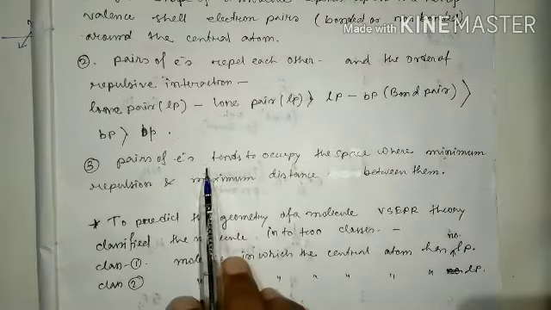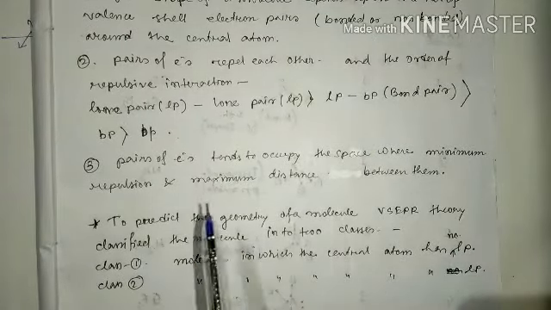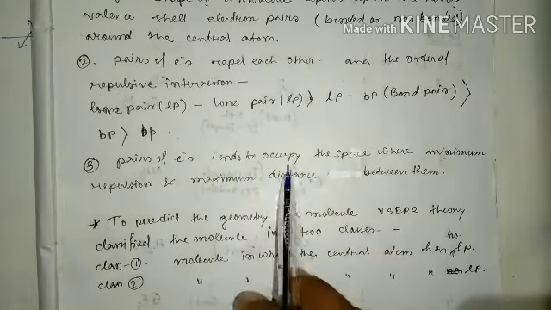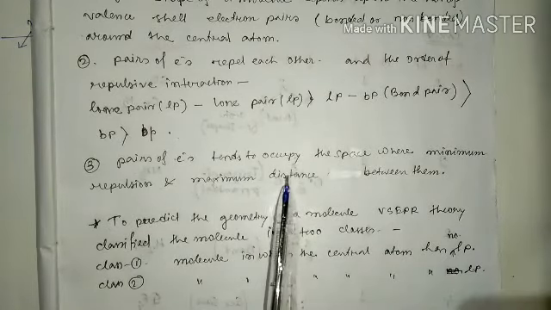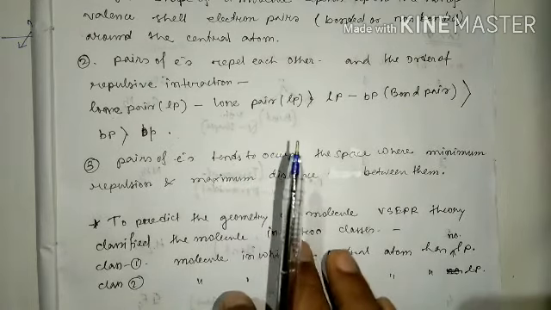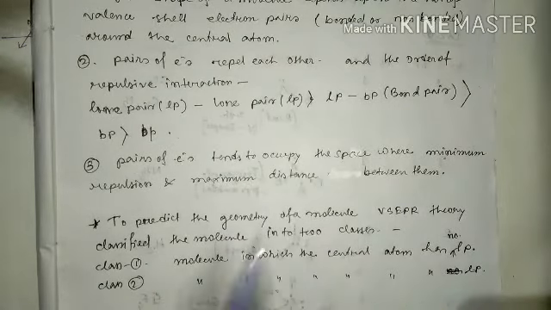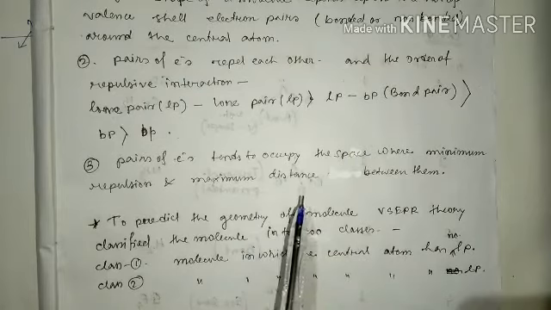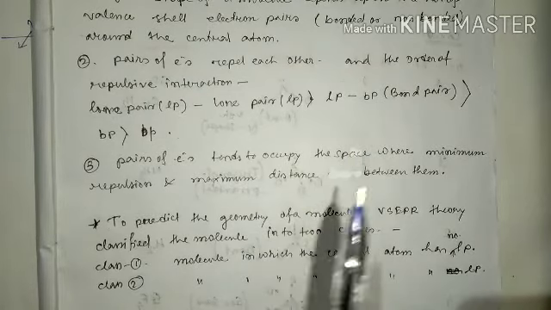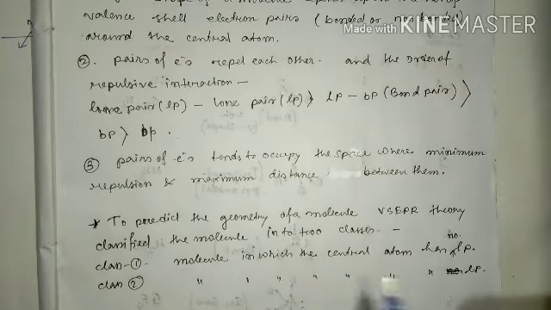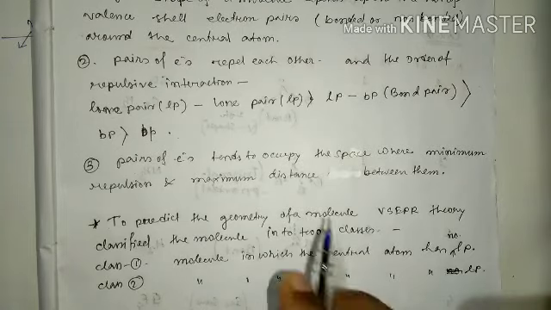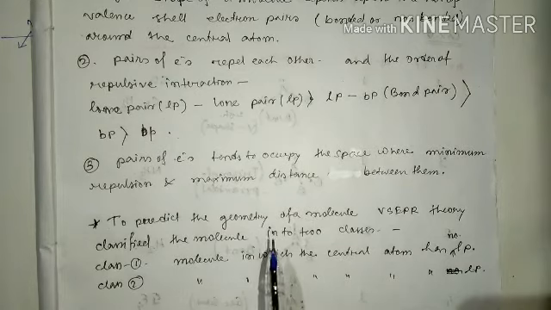Now a pair of electrons, whether lone pair or bond pair, tends to occupy a space where there is minimum repulsion. That means all the electrons try to attain a space where the repulsion is minimum. In other words, each pair of electrons tries to attain a maximum distance from one another.